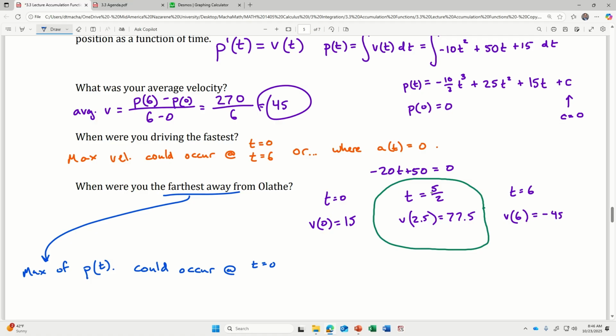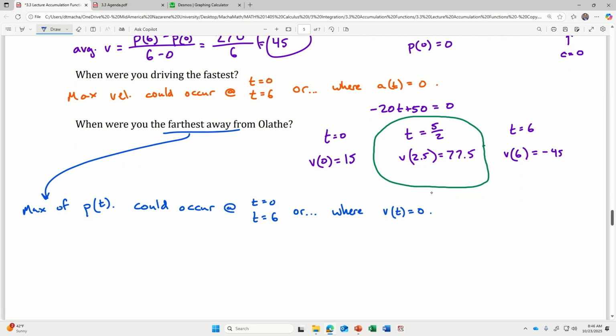It could occur at the end time if I'm driving away from Olathe the entire time, then I would be farthest away at the end. And then it also could occur at the stationary points of position, which is where the velocity is equal to 0. In other words, it could occur at those times when I was driving away from Olathe, but then I stopped and turned around and started driving back towards Olathe. So we've got to check all of those.